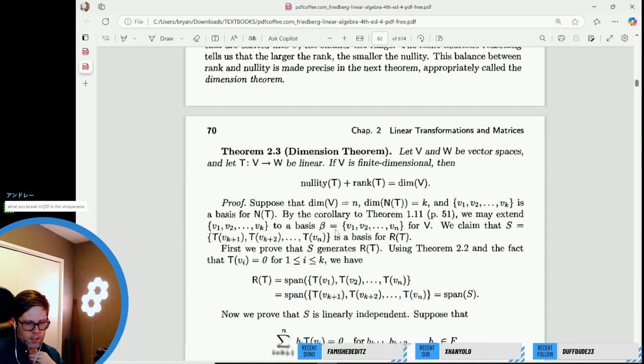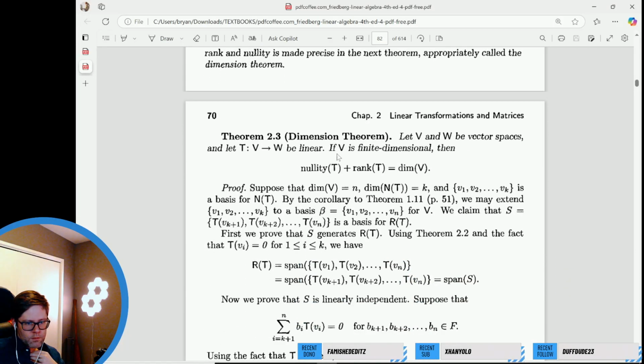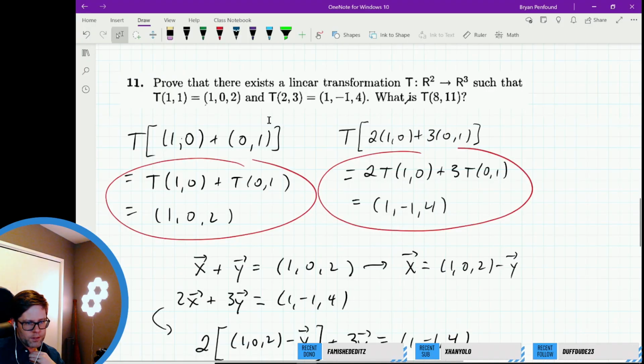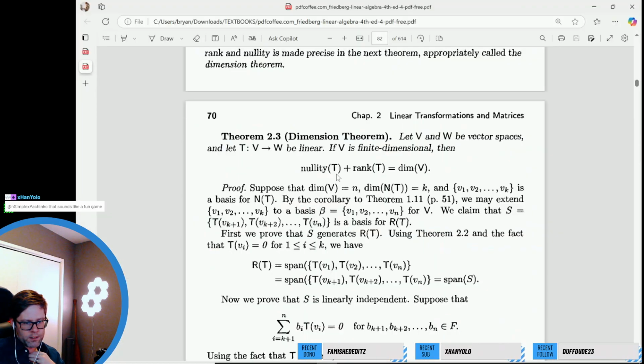Okay, let's see, rank-nullity. Now, I guess we could maybe make an argument through the dimension theorem. Could we? I don't know if we can, actually, in our example. Our dimension is 2. I have inputs that span the space, so the most I can get on the other side would be dimension 2. So maybe you can appeal a little bit to the dimension theorem?